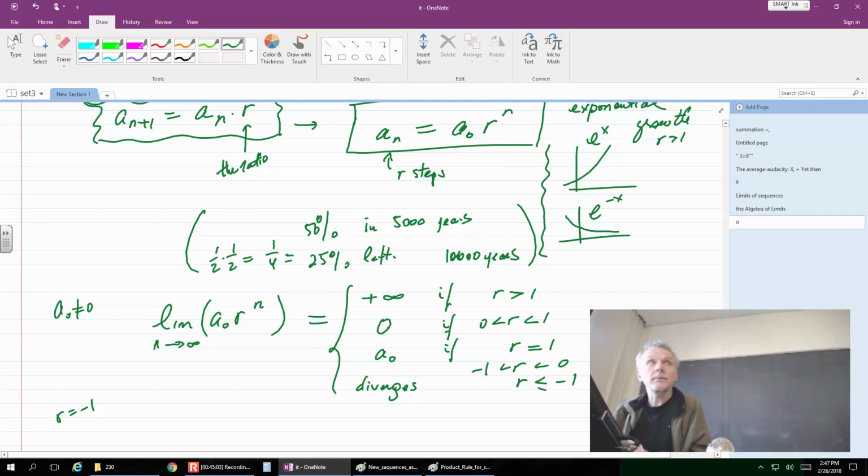It will approach 0, right? So even though it oscillates, remember we actually have that example too. So you have not only the oscillation, but also a diminishing swing of the oscillation. So it still converges.